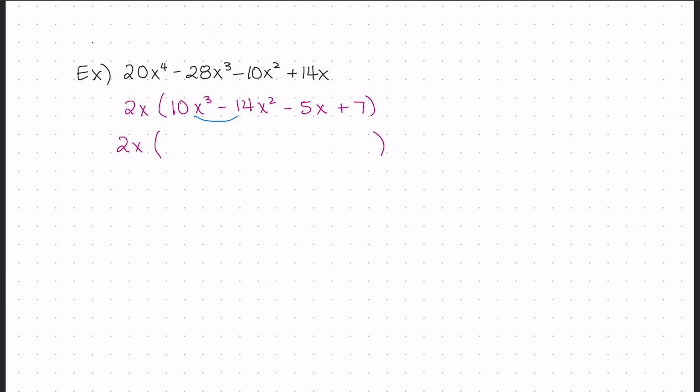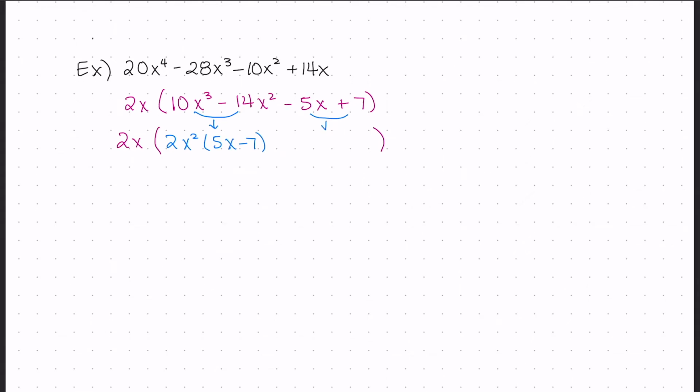Okay, I look at a pair of terms at a time. The greatest common factor here is going to be 2x squared, and I'm left with 5x minus 7. With these two terms, don't forget when you are factoring and looking for a greatest common factor, if there's ever a negative that leads the terms, always factor out that negative also.